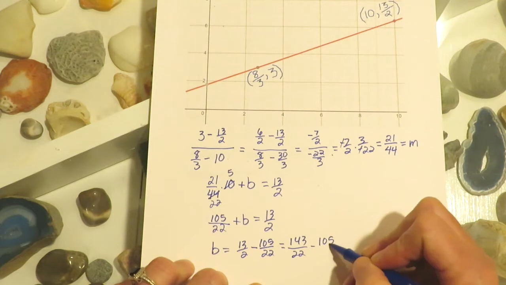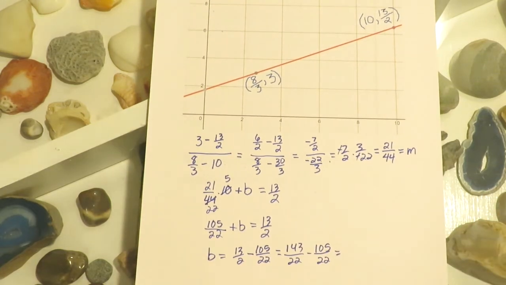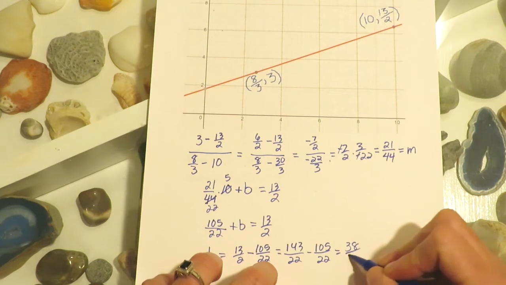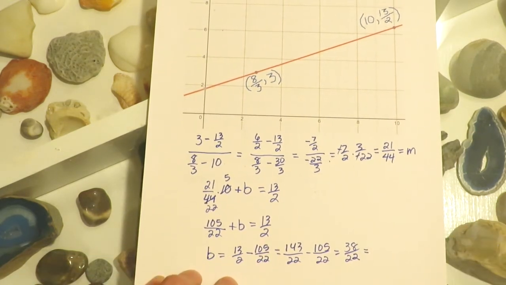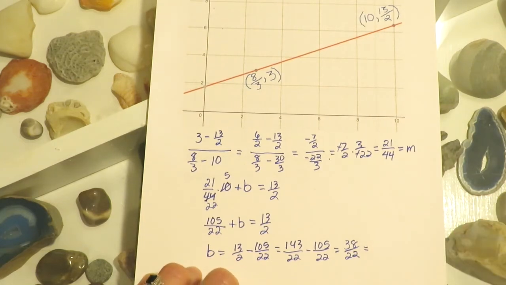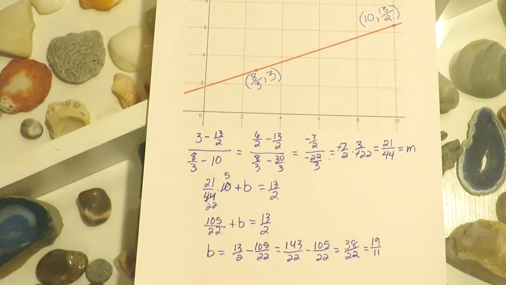And 143 minus 105/22 is 38/22. And if I reduce that, 38 is even, and it gives me 19, so I get 19/11ths.